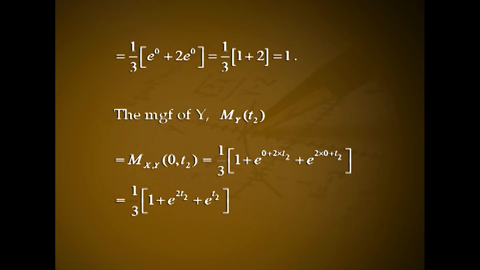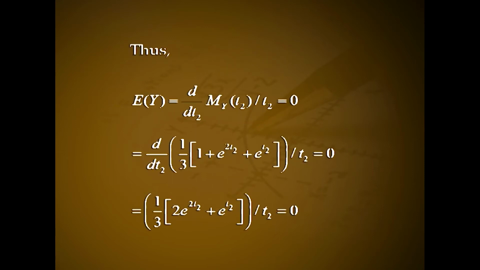The MGF of Y, M_Y(t2) = M_XY(0, t2) = 1/3 (1 + e^(0 + 2t2) + e^(2(0) + t2)) = 1/3 (1 + e^(2t2) + e^(t2)).